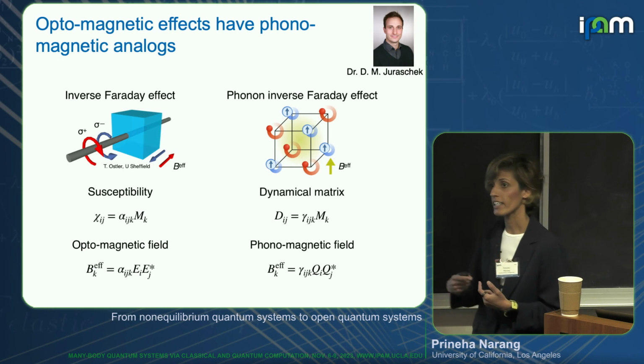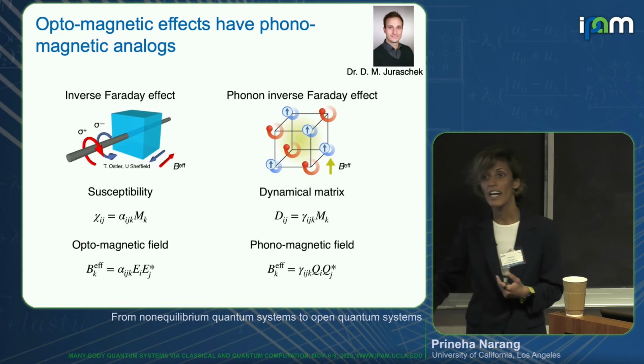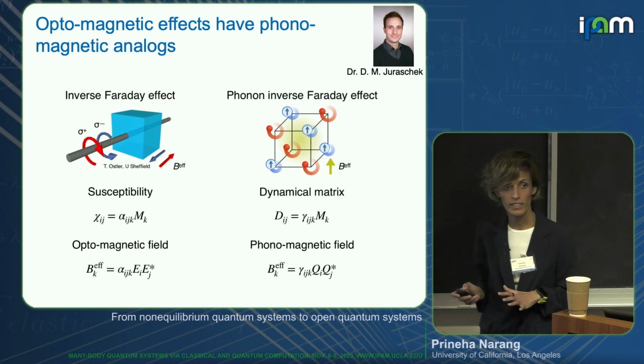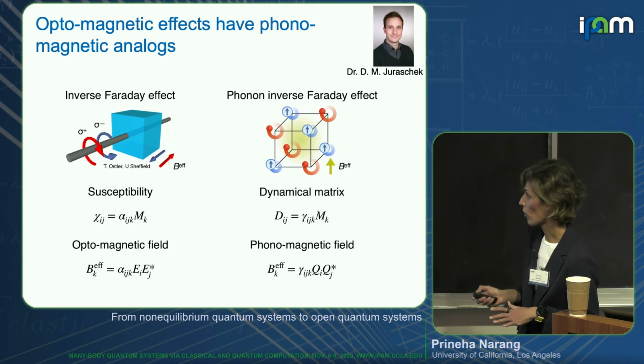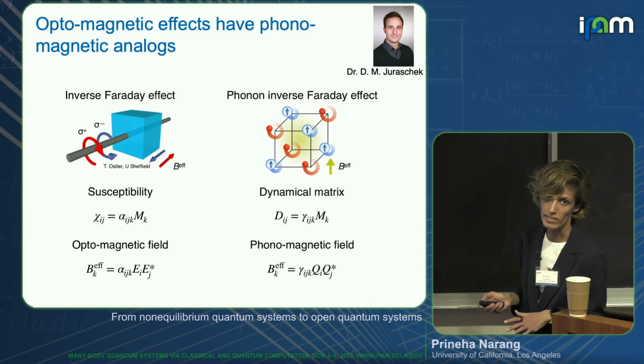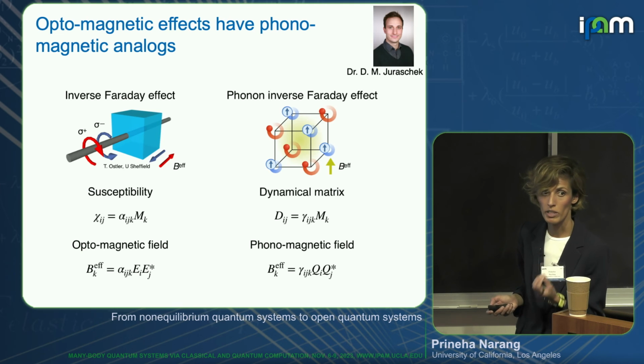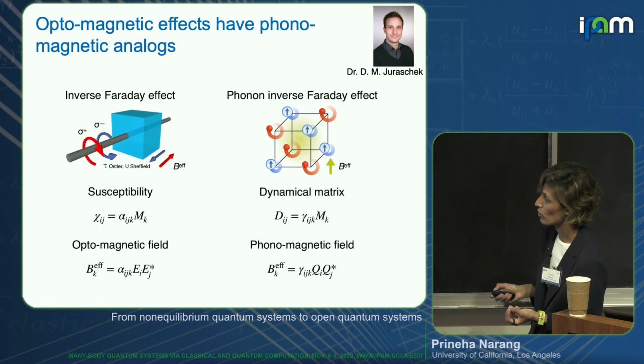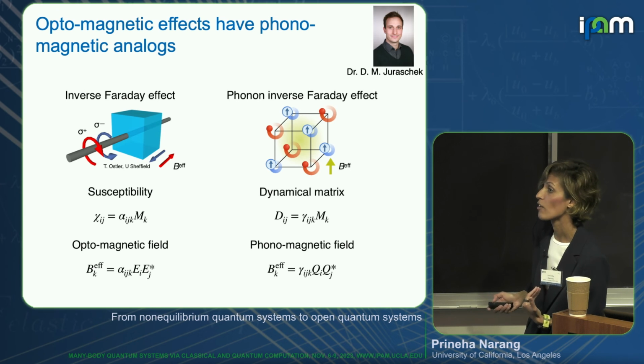And this is where thinking about the phonons at the right level of theory, as well as treating the electronic component at the right level of theory, becomes important, which is not something that people conventionally think about in these optomagnetic effects. But assuming we can do that, assuming we can incorporate some of these results in these Q.Q type terms, we should be able to calculate this phonomagnetic field.